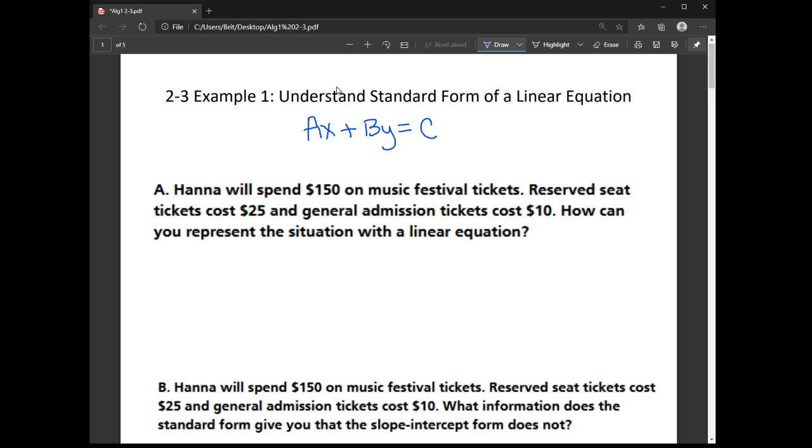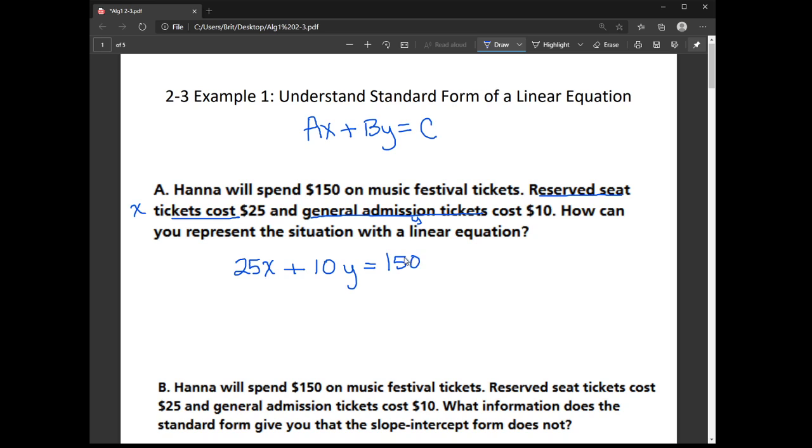So when we go to write this out, the reserved ticket seats, I'm going to call those X. And the general admission tickets are going to be Y. So if I go to create this equation, I would say that 25 times the number of reserved ticket seats plus 10 times the number of general admission tickets has to equal 150.